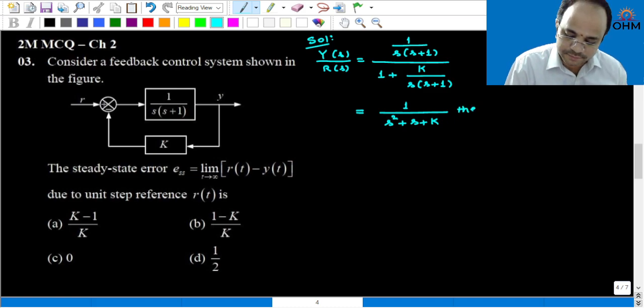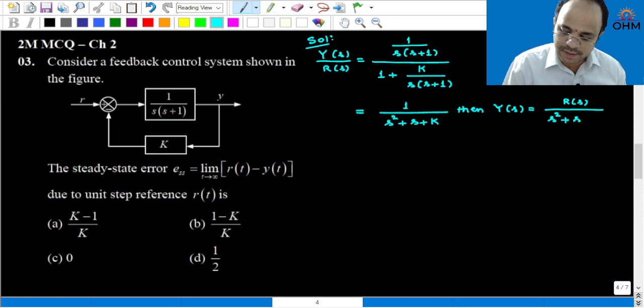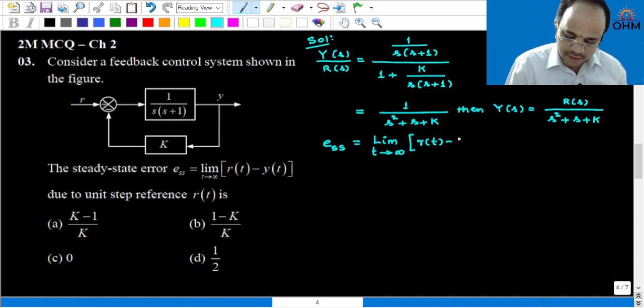Therefore, Y of s is equal to R of s divided by s square plus s plus k. Now, what is the steady state error definition given? Limit t tends to infinity r of t minus y of t. Okay. Therefore, in the Laplace domain, or s domain, how can you write this?